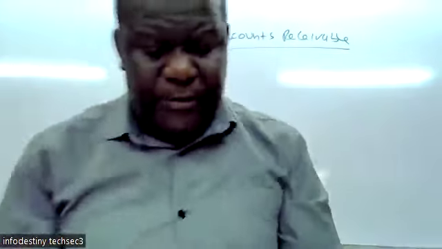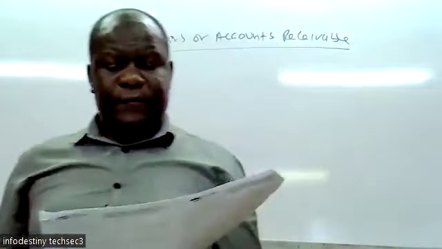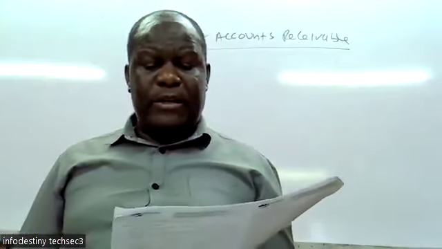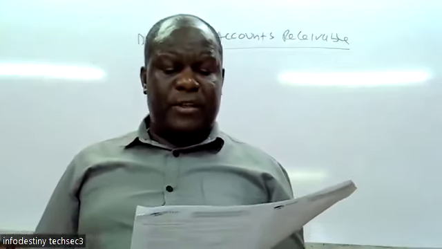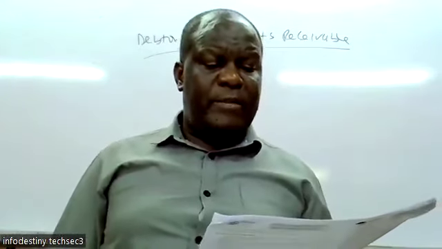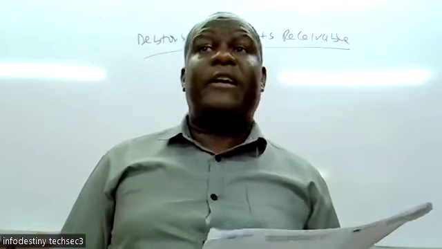This involves evaluation of the security available for the credit. Then the last C is condition. The decision to give credit to customers may be influenced by the prevailing conditions in the country. Those are the factors of determining the credit standards of a customer.